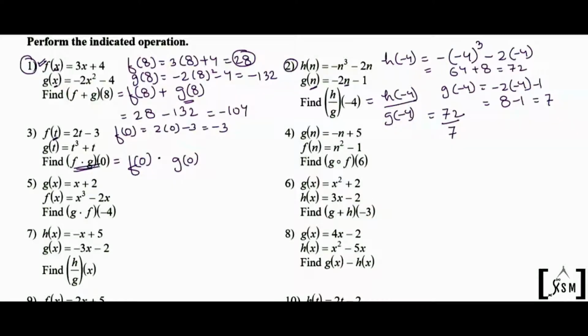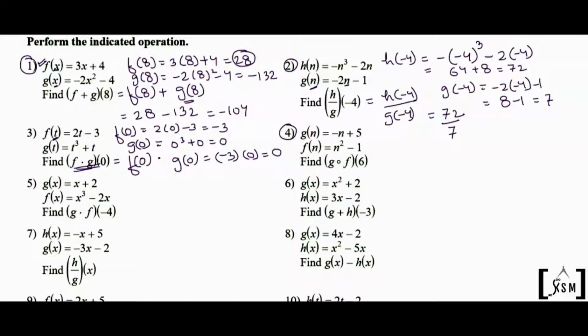And then to find g0 value, we get 0 cube plus 0, which is basically 0. Then we plug in the values. f0 value is negative 3 times g0 value is 0. So negative 3 times 0 is just 0. Hope it is clear.